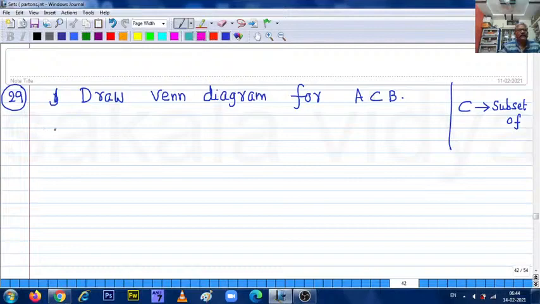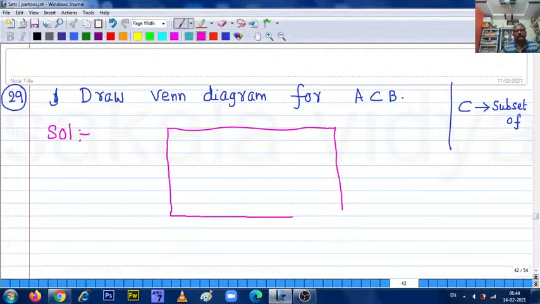So Venn diagram means solution, you see. First rectangle, this is the universal set.